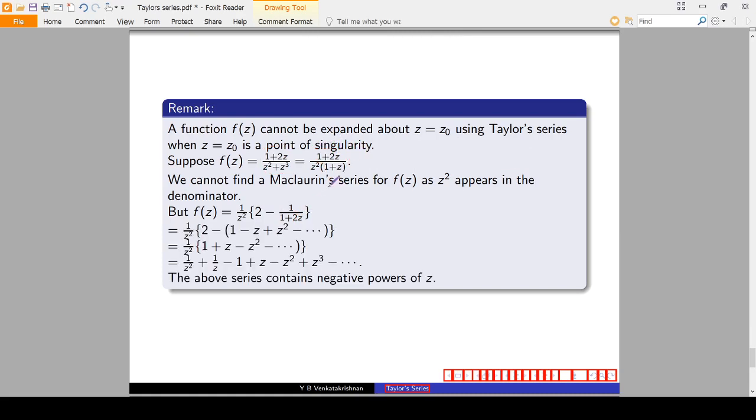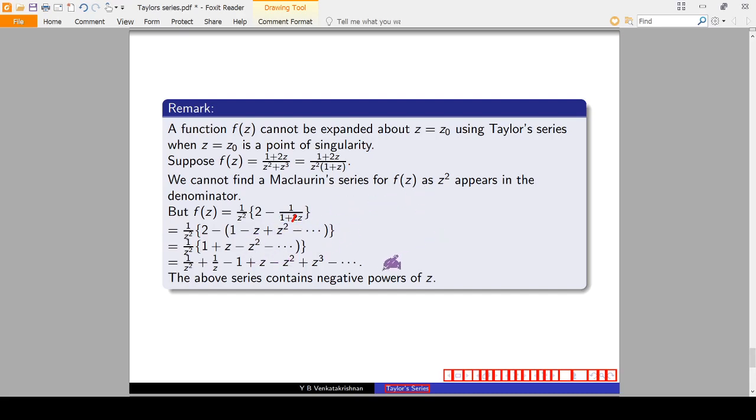And when I use the expansion of 1 by (1 plus z), I will have 1 minus z plus z squared minus and so on.